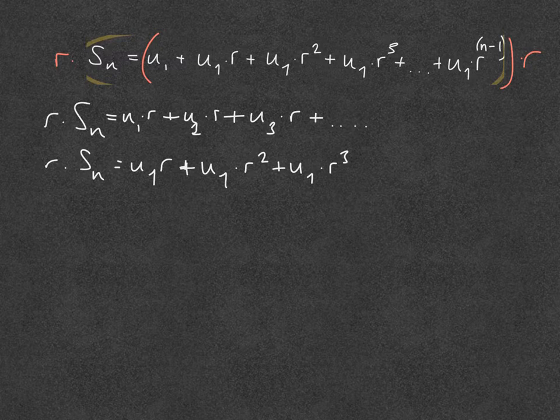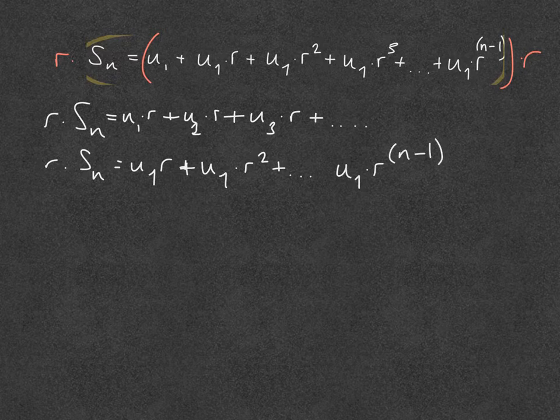Now, say the last term, you would think that would be u1 multiplied with r to the power of n minus 1.